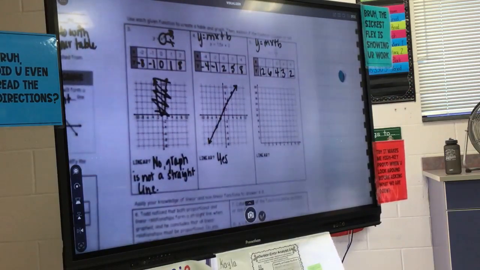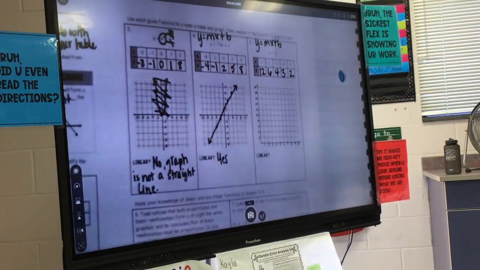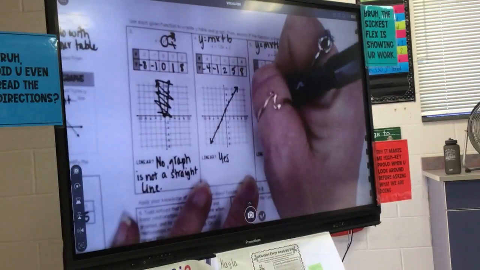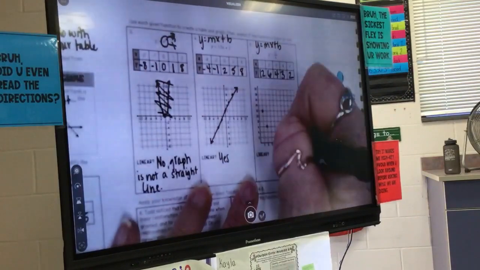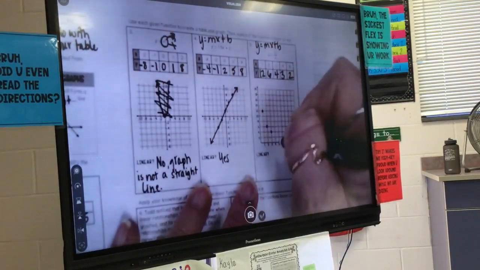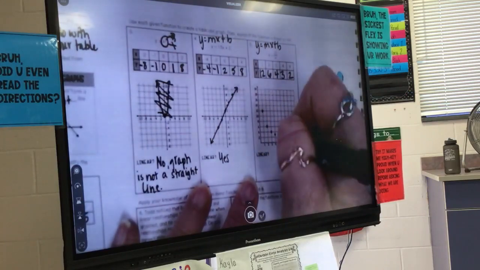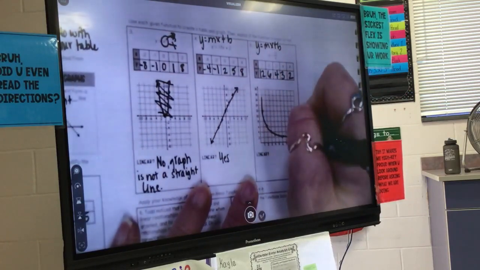Is there a pattern at all? A constant rate of change? No, it's all over the place. And then when you graph this, it's 1, 12, 2, 6, 3, 4, 4, 3, and then 6, 2. So this line looks like that.